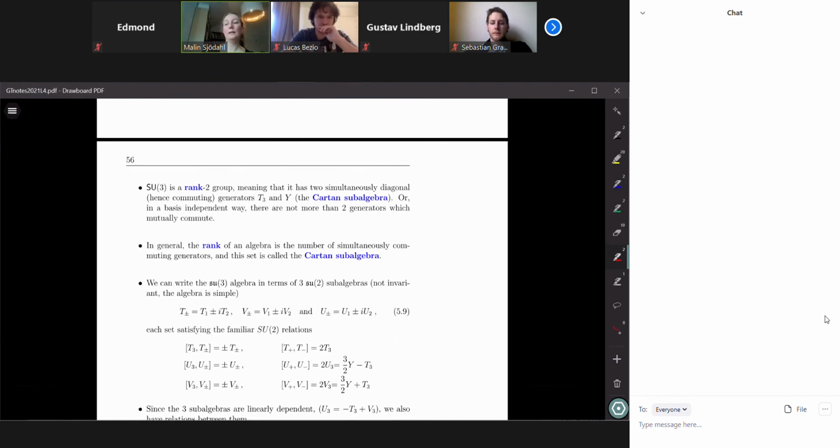And the commuting generators are said to form the so-called Cartan subalgebra. And we will explore the Cartan subalgebra and we will explore the states in the space of simultaneous eigenvalues to these operators. So that will be the analog to exploring the spin Z eigenstates.